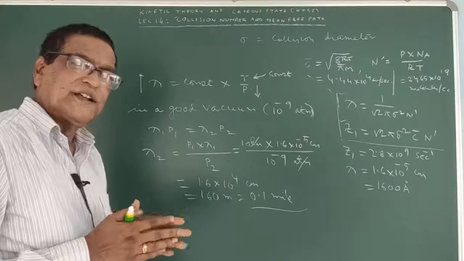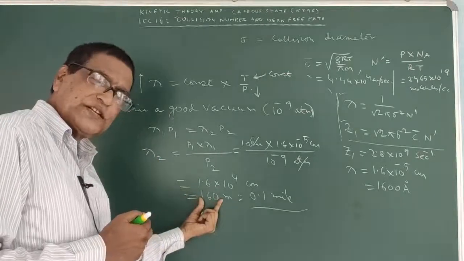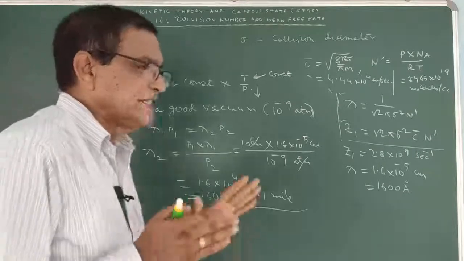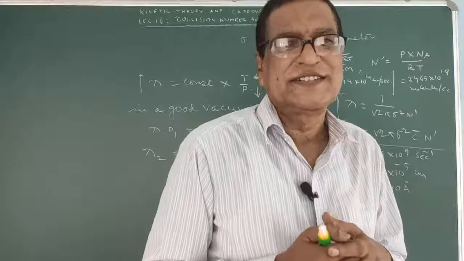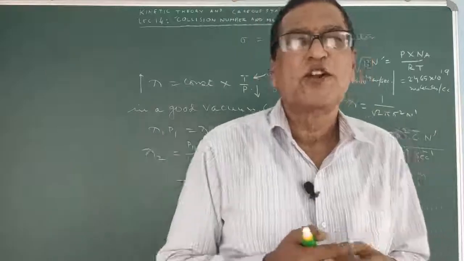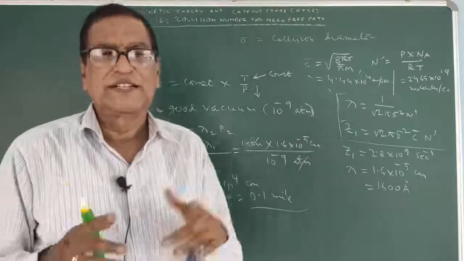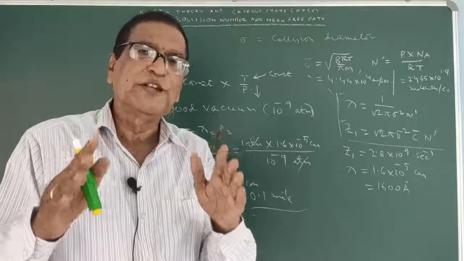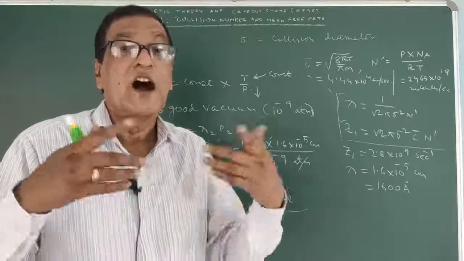Since lambda 2, the distance between two collisions, is very large, naturally the molecules, instead of undergoing intermolecular collisions, will collide with the wall more frequently. So this is all about the interpretation of this problem, and after this we shall discuss the frequency of intermolecular collisions with like molecules and with unlike molecules.